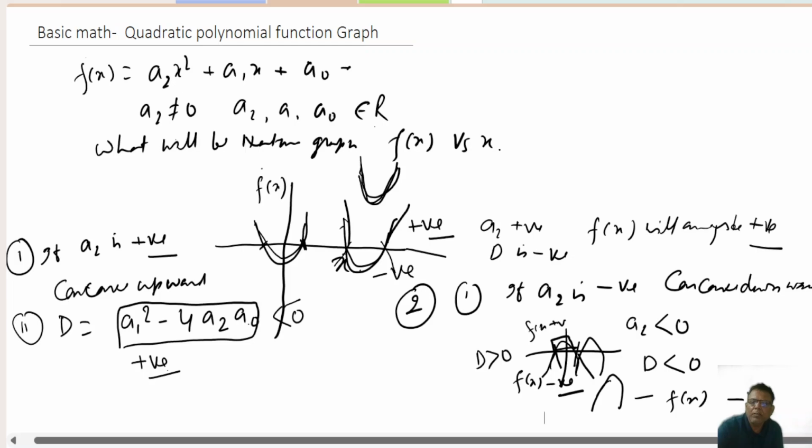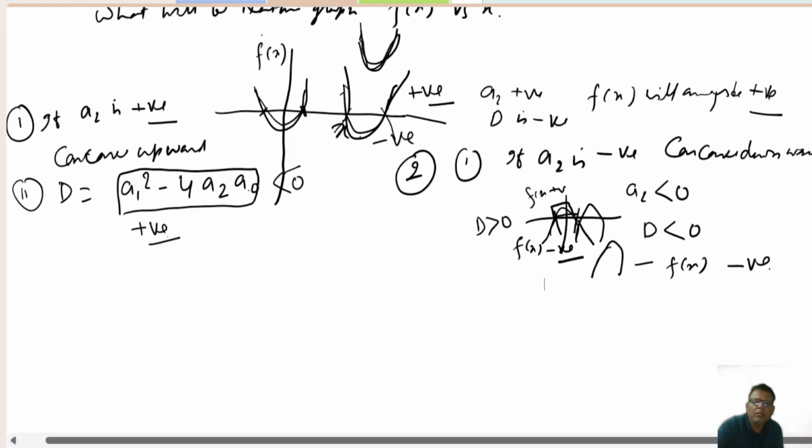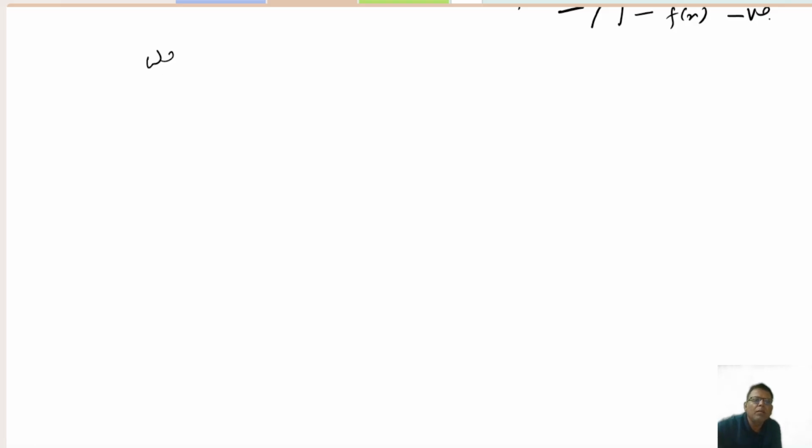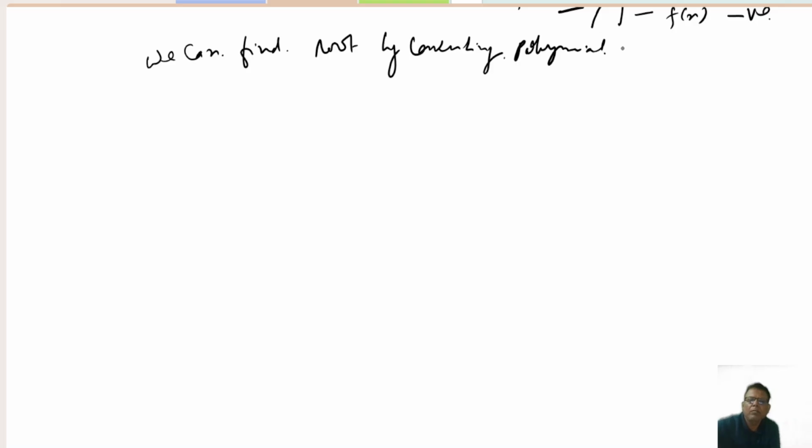So we can find the roots by converting the polynomial by equating it to 0.